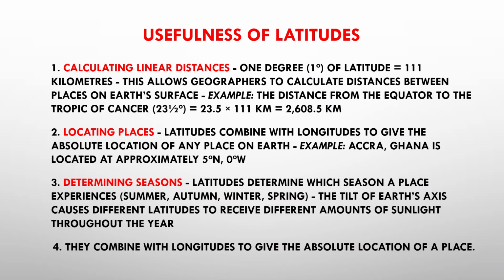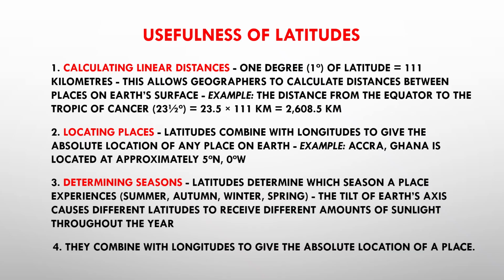You get it? So the distance from the equator to the Tropic of Cancer is approximately 2608.5 kilometers. This is a practical application of latitudes that geographers use regularly. Get this concept well.